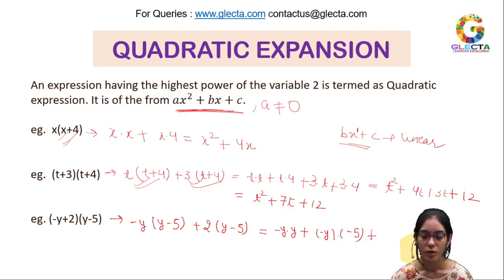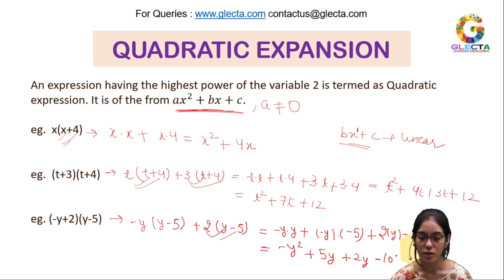Now second bracket, 2 into y, 2 into minus 5. So this is minus y square plus 5y plus 2y minus 10. So this is equal to minus y square plus 7y minus 10.